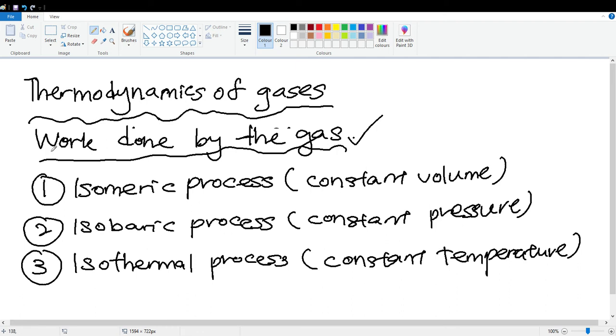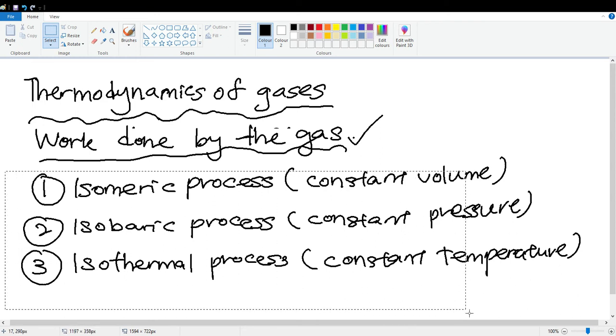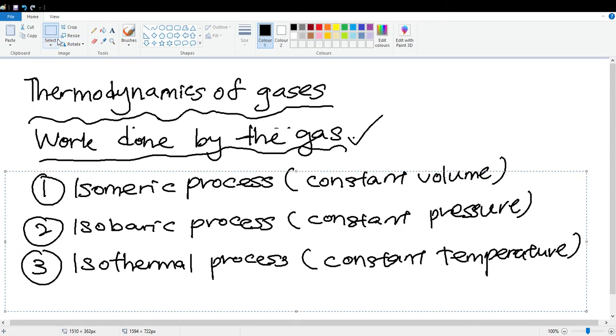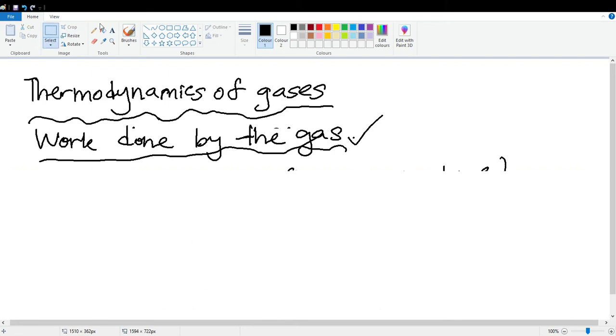Okay, so let's go through them one by one. Let's begin with the isometric process. So let's say I have my piston here, as a reference.